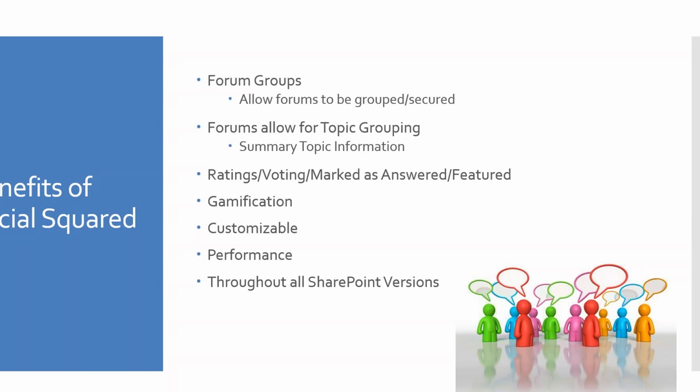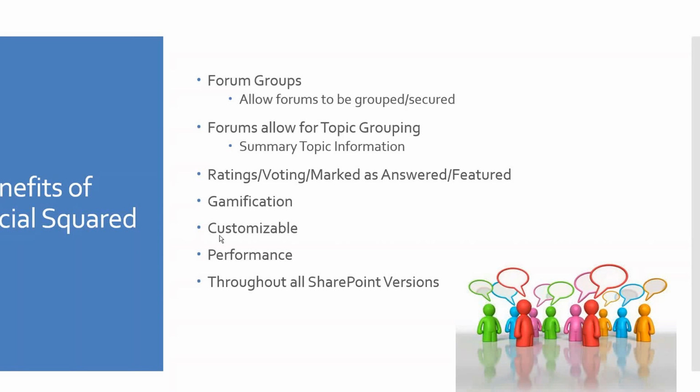There are other web parts that go with it that you'll see in just a moment, allowing people to see who the most popular poster was in a certain time period, what's the best topic, or what's been the most popular topic, and that sort of thing can all be displayed on the web part as well. And this is, again, all encouraging people to go and use the product. It's also very customizable.